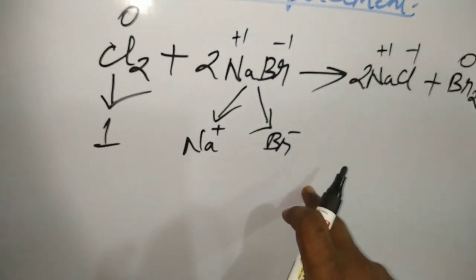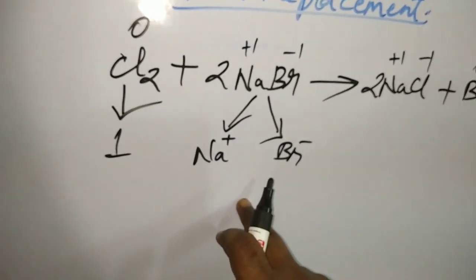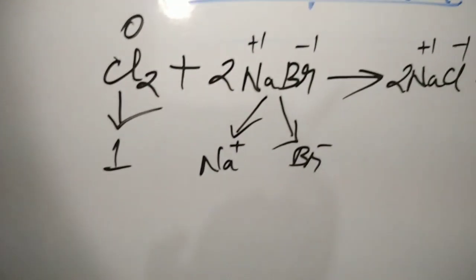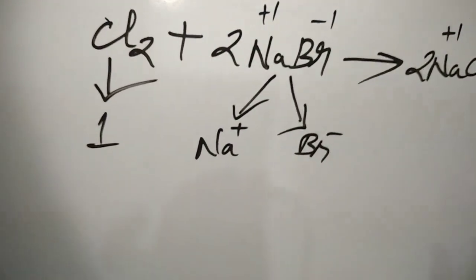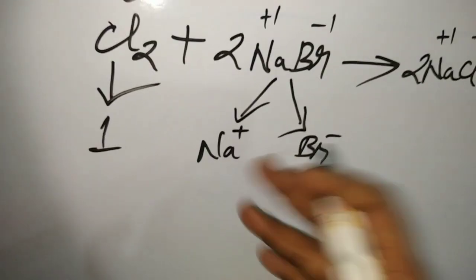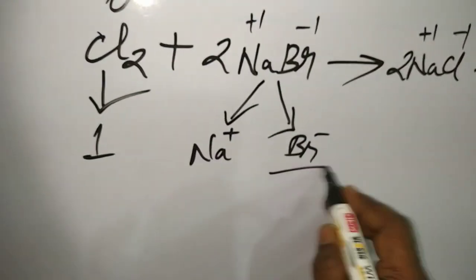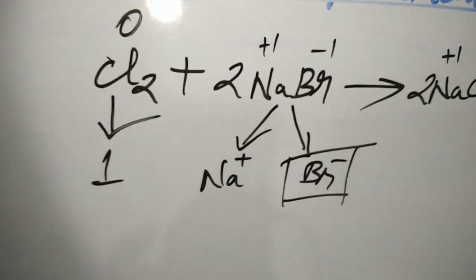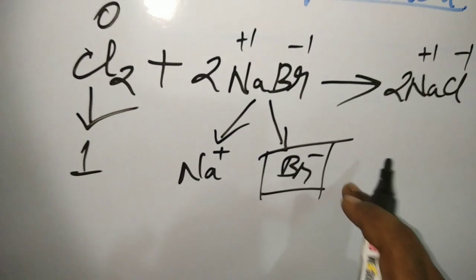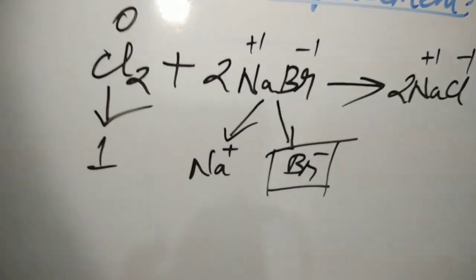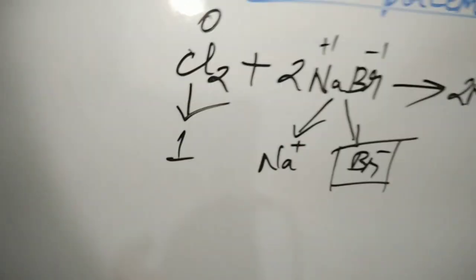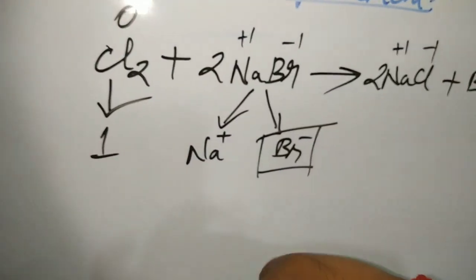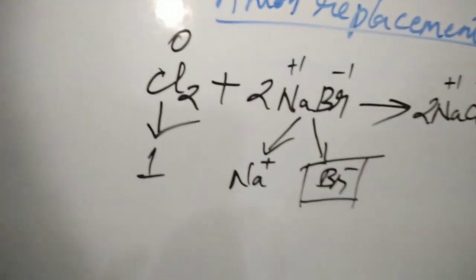And since, sorry students, sodium will not release the electron since it is in the ion form only. Bromine will release the electron because to become the pure state it will release one electron, and chlorine will accept that electron to form Cl-.